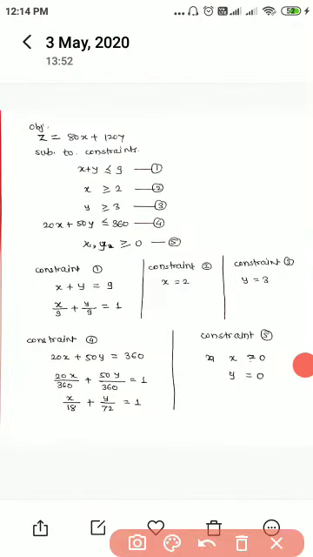So this is the question: maximization of the objective function, that is z is equal to 80x plus 120y, and these are the set of constraints. So see here, one important thing for the objective function and the set of constraints, that these are always linear functions.